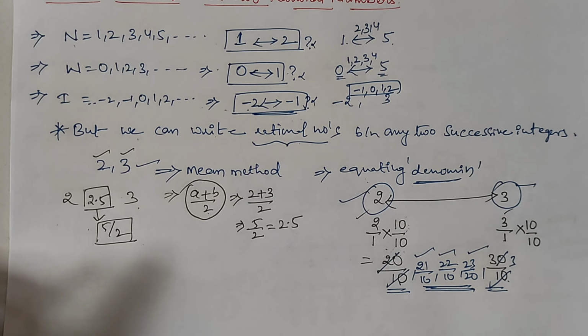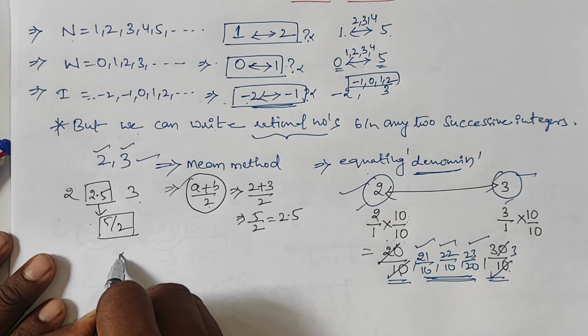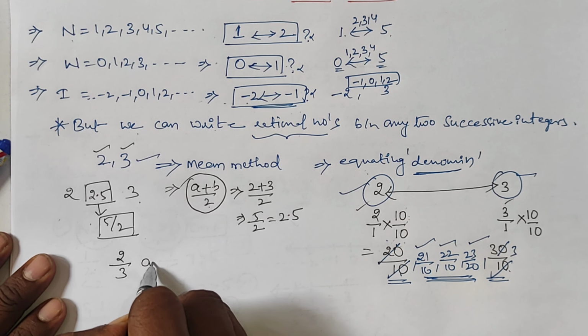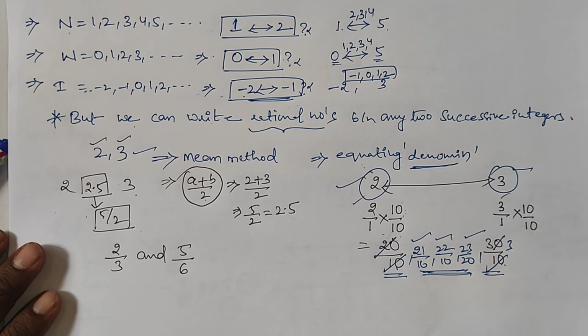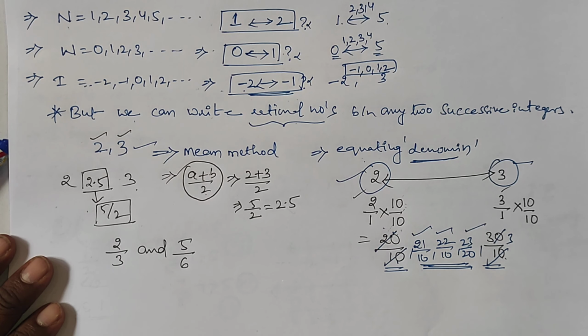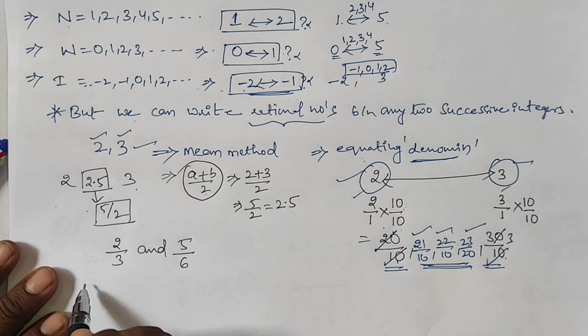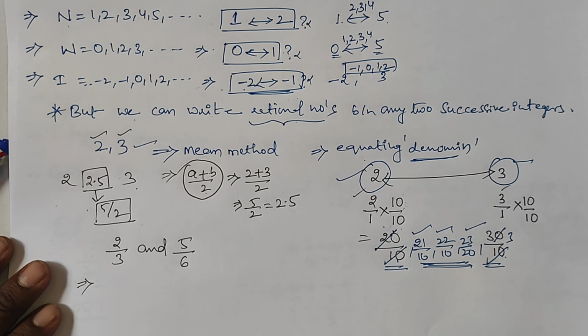So this was for normal numbers. Now consider 2/3 and 5/6, and insert a rational number between these two. First I am doing it by equating the denominators.